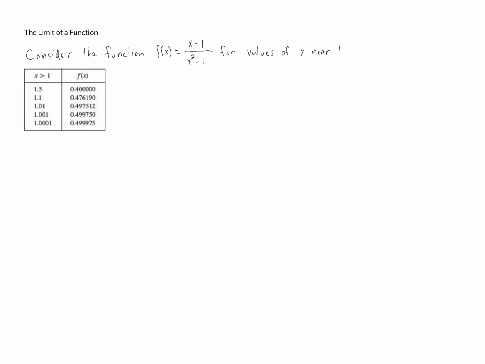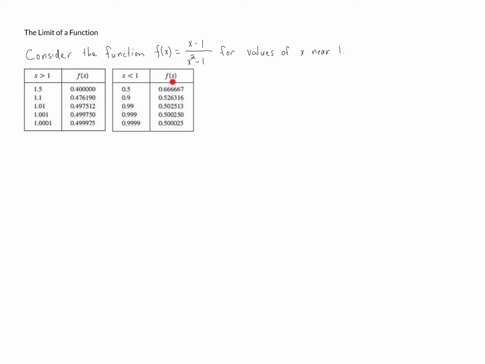Let's look at some that are less than 1 and see what's happening on the other side. So here is another table of values. And in this case, we're looking at values where x is less than 1. But for each of these values, it's getting closer and closer to 1.